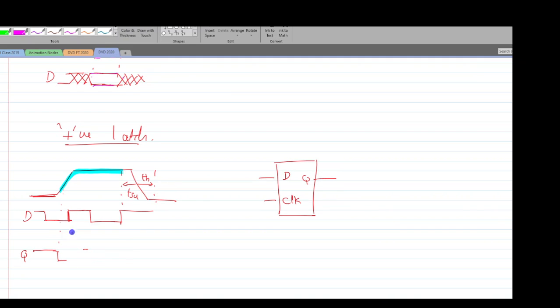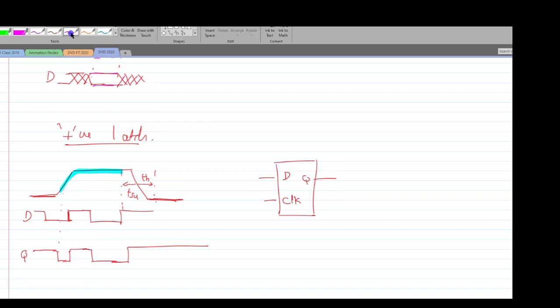They are not happening instantly, but after some delay. Then you are changing the input well before the setup time, and that input is read at the output, and after that the data at Q is held constant, because you are turning off the latch, and due to which it holds the previous data.